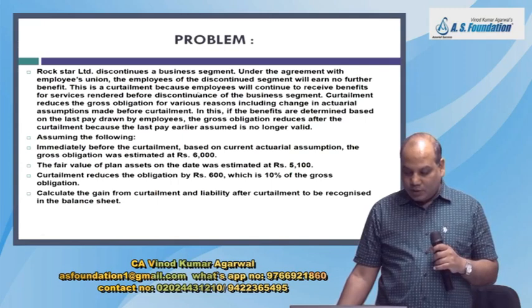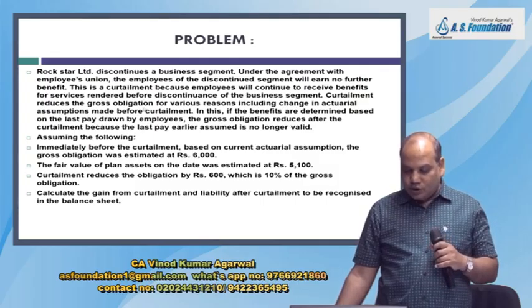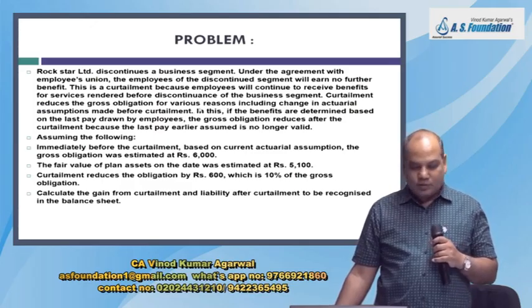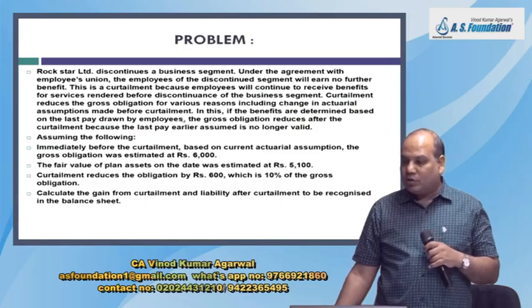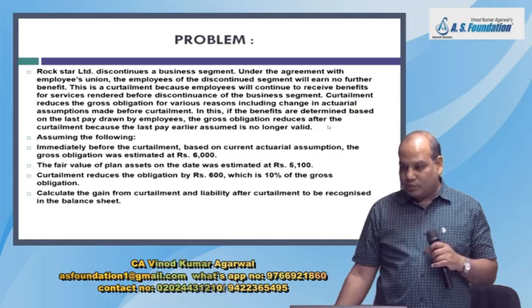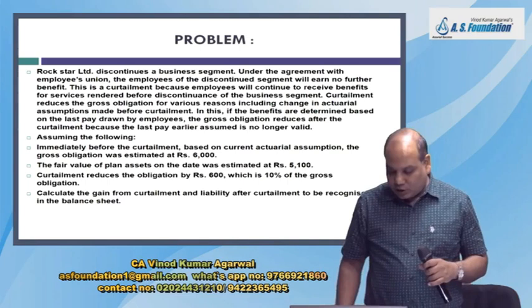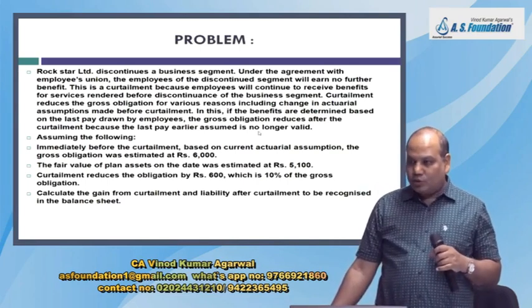This is a curtailment because employees will continue to receive benefits for services rendered before discontinuation of the business segment. Curtailment reduces the gross obligation for various reasons, including change in actuarial assumptions made before curtailment. In this, if the benefits are determined based on the last pay drawn by the employees, the gross obligation reduces because now all your assumptions will change after the curtailment, because the last pay earlier assumed remains no longer valid.